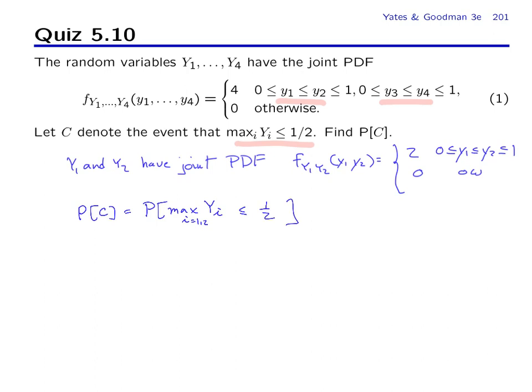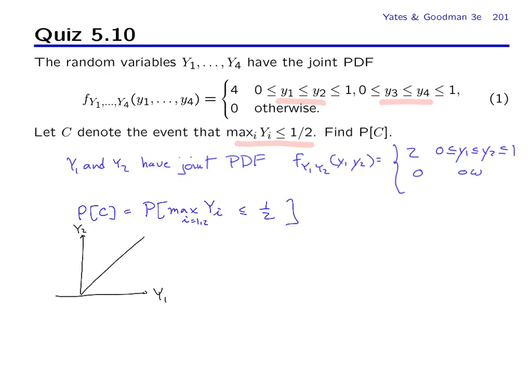This simpler problem is solvable mostly because we only have two random variables. Now we can draw a two-dimensional plane and identify the region where the joint PDF is non-zero and the region where both random variables are less than or equal to a half. We start by drawing the two-dimensional plane as a function of y1 and y2.